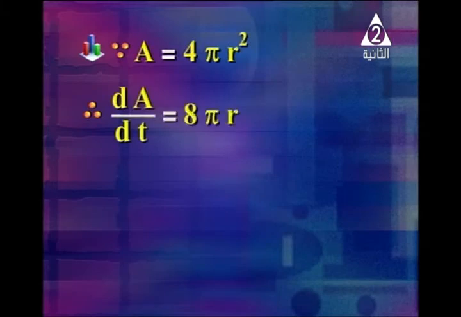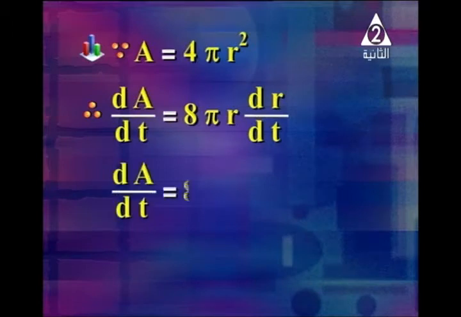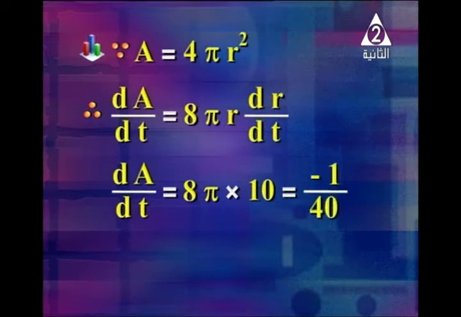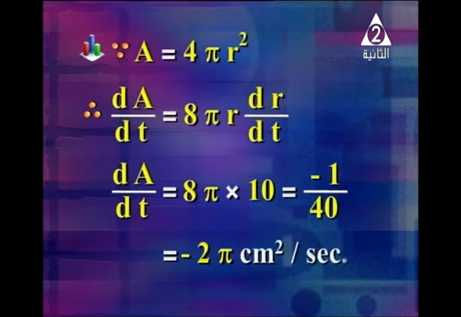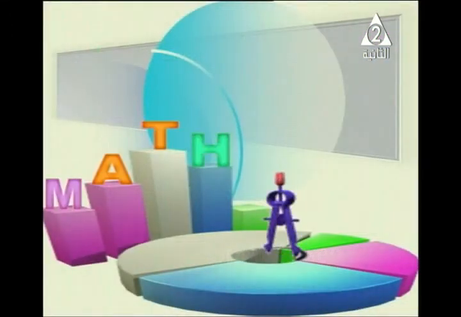Since the area of a sphere is 4 pi r squared, dA over dt equals 8 pi r dr over dt. By substitution, r equals 10 and dr over dt equals -1/40, so dA over dt equals 8 pi times 10 times -1/40, equal to -2 pi square centimeters per second.